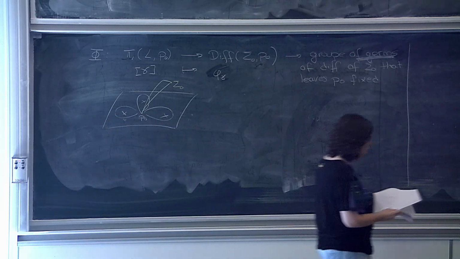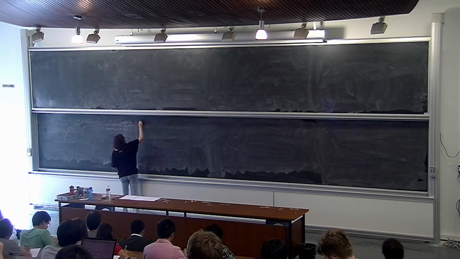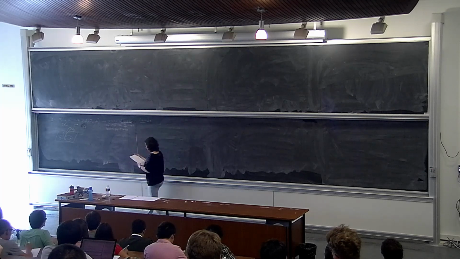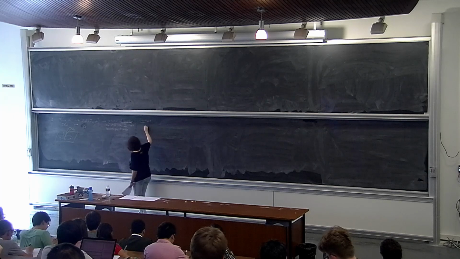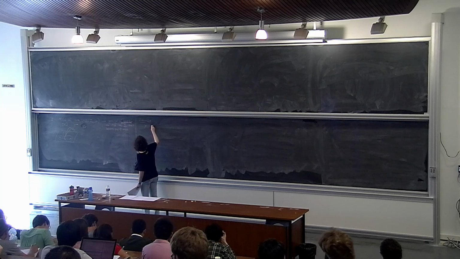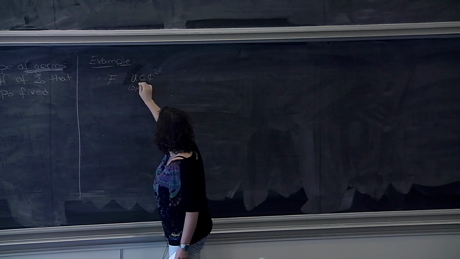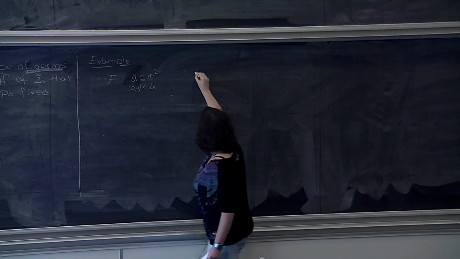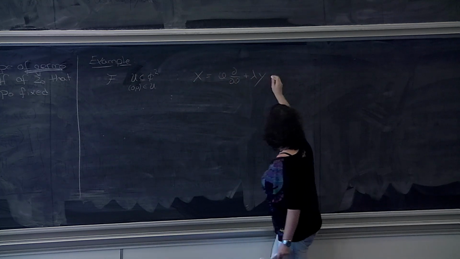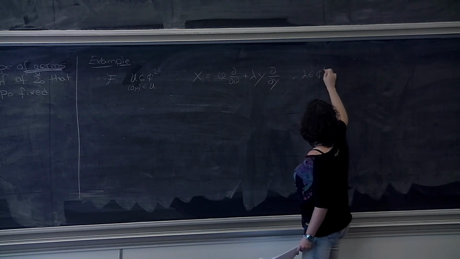So I would like to give a very simple example. Let us consider the foliation defined on a neighborhood of the origin of C2, defined by the vector field x d/dx plus lambda y d/dy for some non-zero lambda.